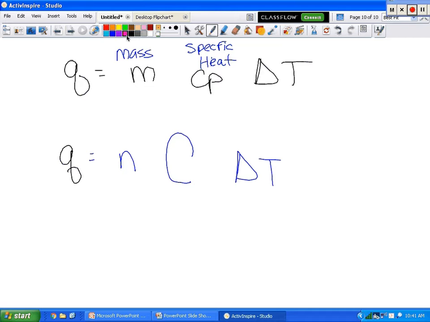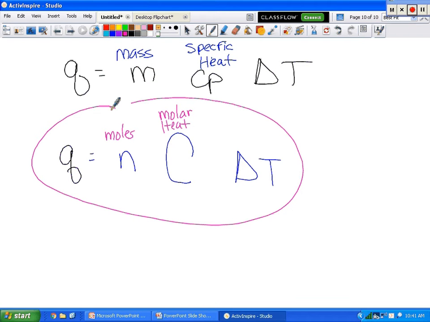What is N? This is moles. Capital C is molar heat capacity, and delta T is the exact same thing. Like I said, until last year, I had no idea that this formula was even real. It was one of those things that you don't do it, and so you don't understand that it exists. So if we go back and we focus on this, which is N times capital C times delta T.